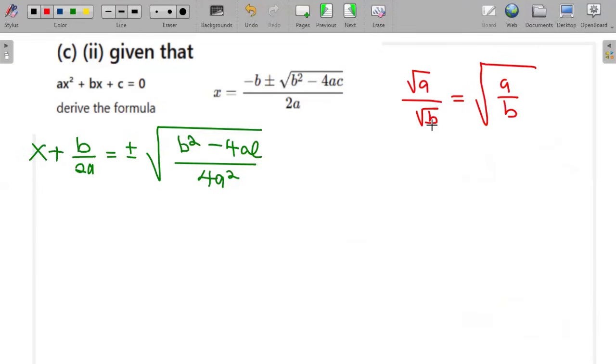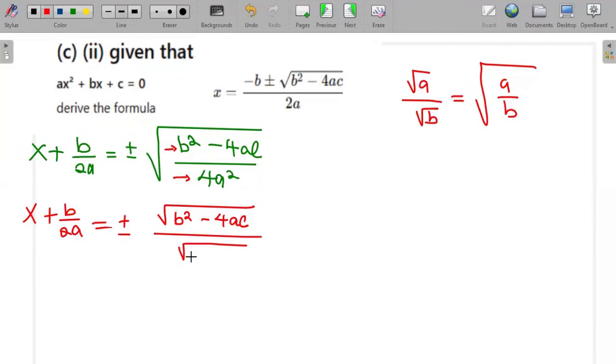So that simply means we can distribute this root that you can see here to the expression on top and to the expression down. So that will be x plus b over 2a is equal to plus or minus the root of b squared minus 4ac divided by the root of 4a squared.